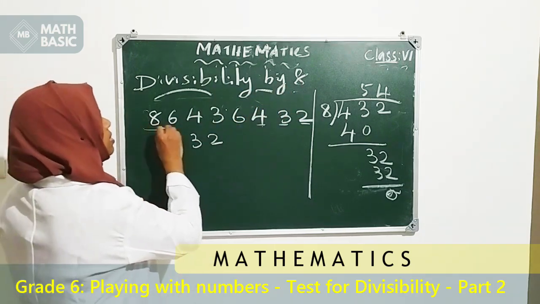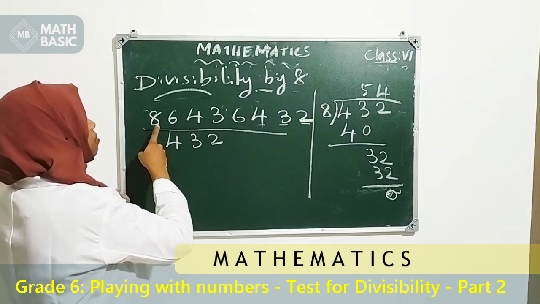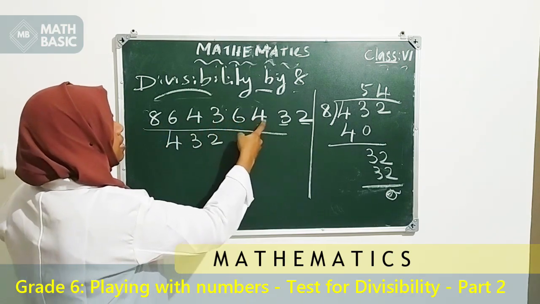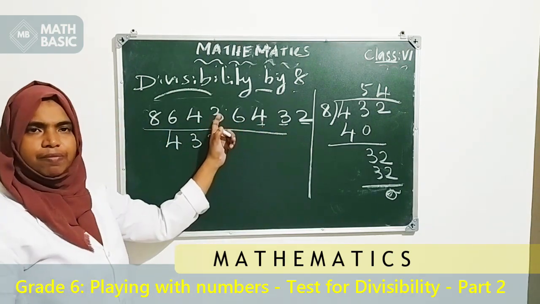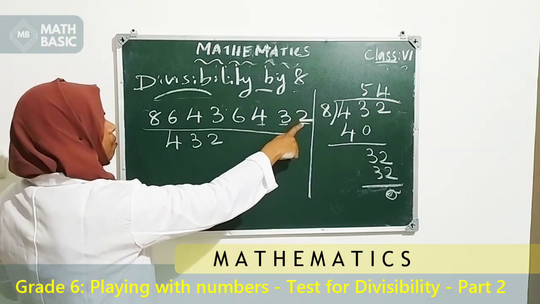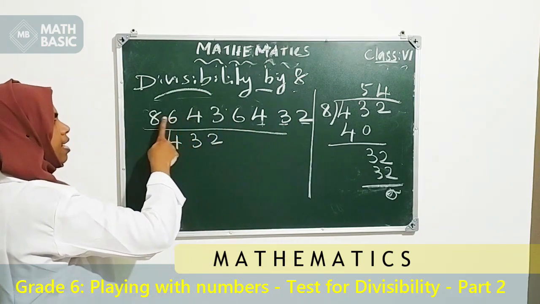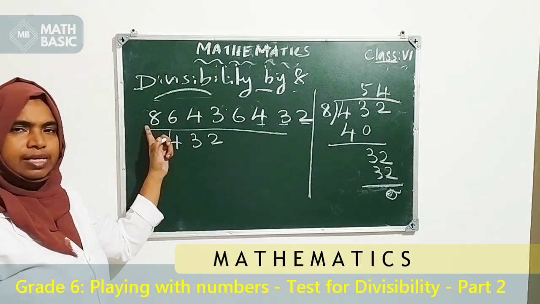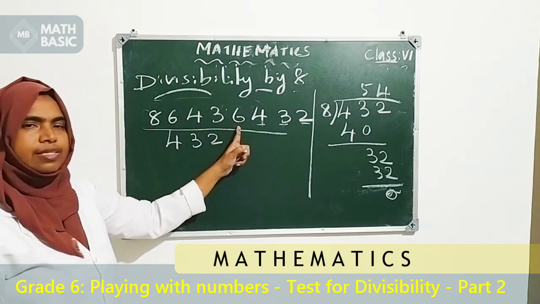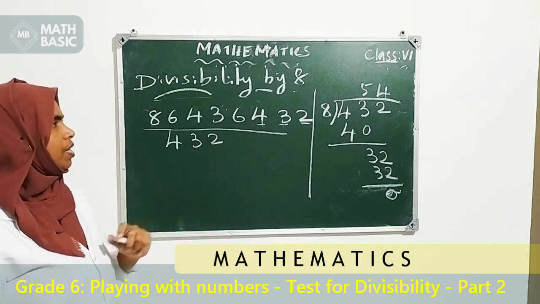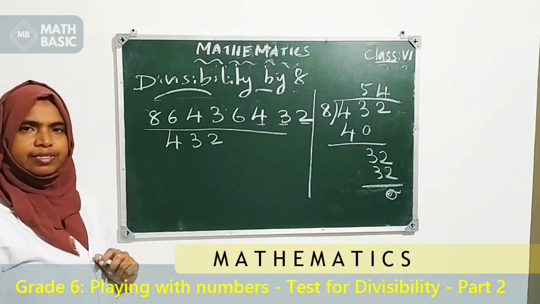So this 8-digit number, how can we read it? Ones, tens, hundreds, thousand, 10,000, lakh, 10 lakh, crore. 8 crore, 64 lakh, 36,432 is divisible by 8. Okay.